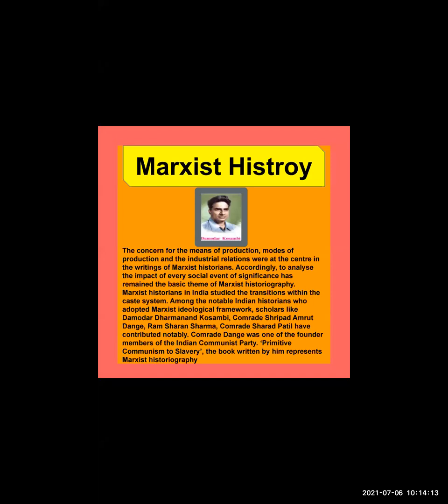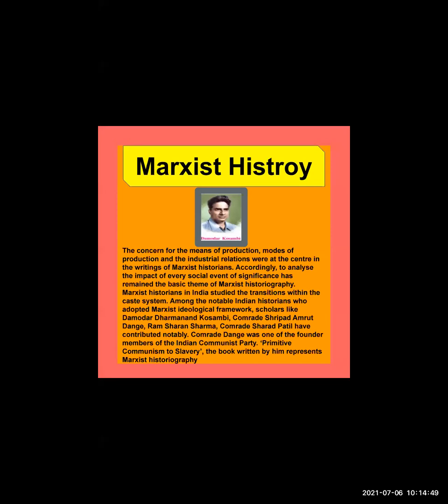Each and every important event of the society has remained the basic theme of Marxist historiography. Marxist historians in India studied the transitions within the caste system. There are a lot of transitions, means differences and changes, in our Indian caste system.